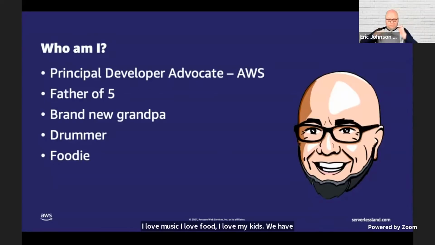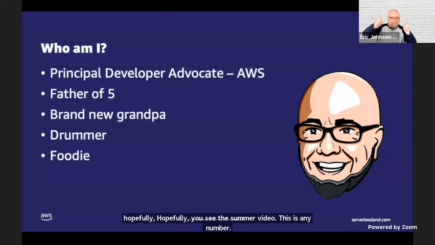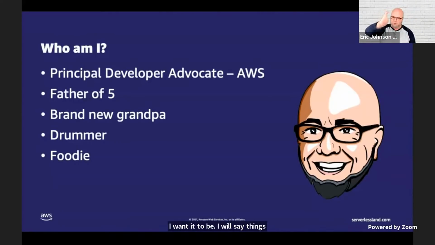A couple things when I'm talking. I have some rules when I'm talking, and rules is kind of a strong word, but some guidelines that are going to help you out. First of all, the first rule is this, and hopefully you can see this over video. This is any number I want it to be. I will say things like 7 or 22, but I just hold up one finger. So you have to listen to what I'm saying. These are thumbs and these are quotes, not apostrophes.